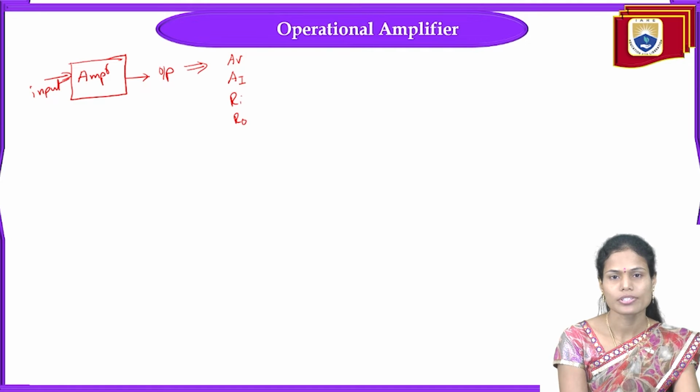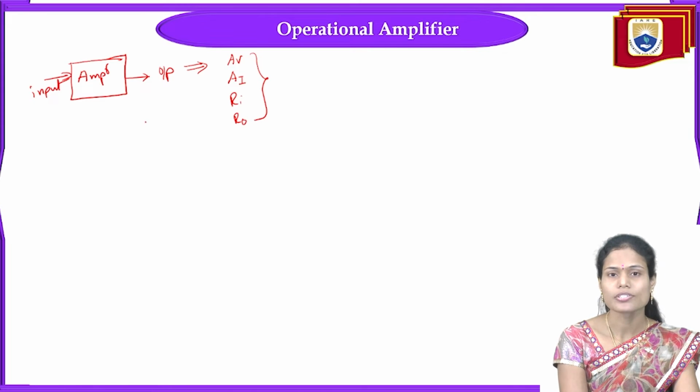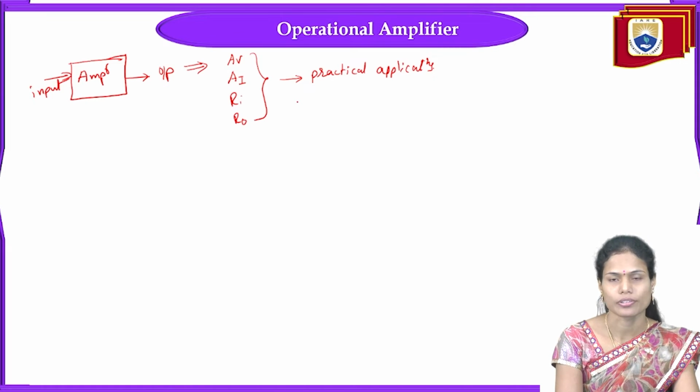So we can design with any one of the devices. The parameters we get from a single stage amplifier may not be able to run all practical applications. A few practical applications cannot be run using single stage amplifiers.